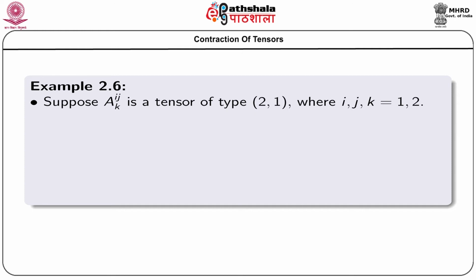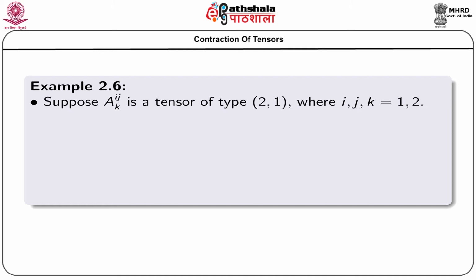Suppose A i j k is a tensor of type 2, 1 in a two dimensional vector space. That means A i j k are the elements of V tensor product V tensor product V star, and V has dimension 2.